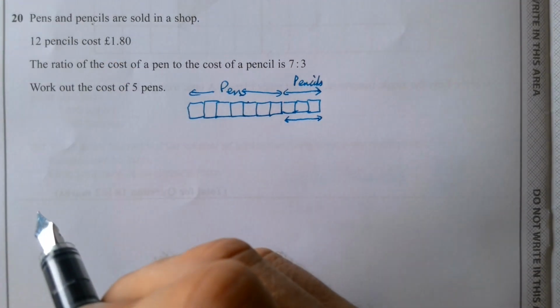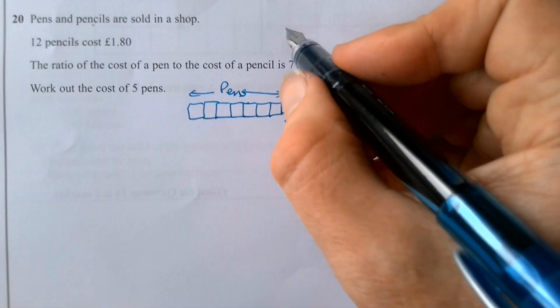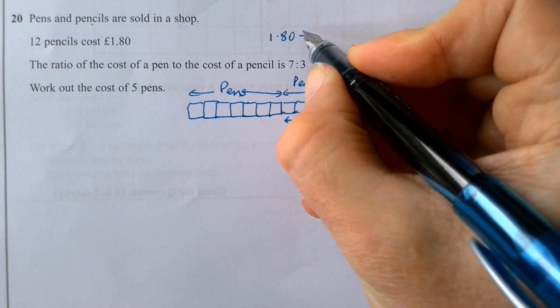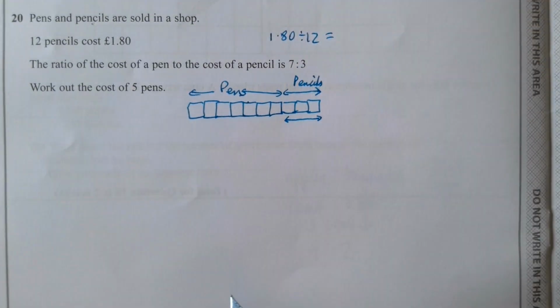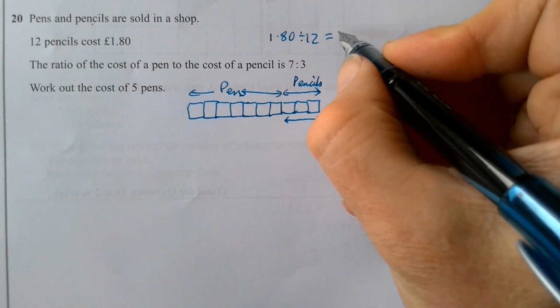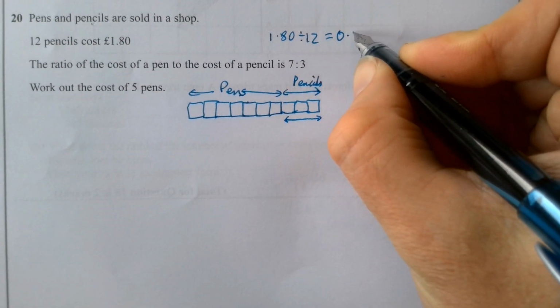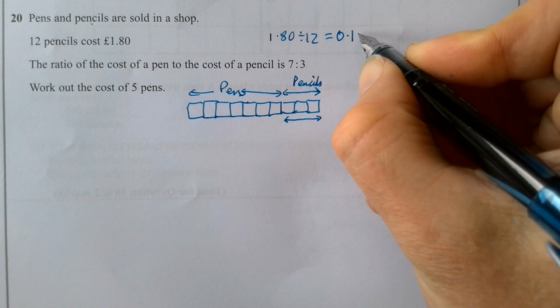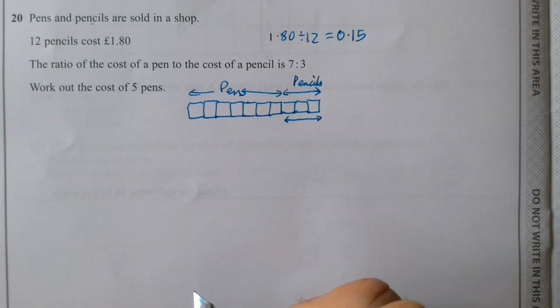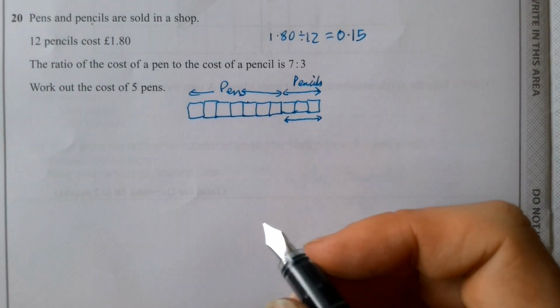Let's work out what 1 pencil costs first of all. So 180 divided by 12, you can do that in your calculator. 18 into 18 goes once with 6 left over, so 0.15. So it's 15 pence per pencil.